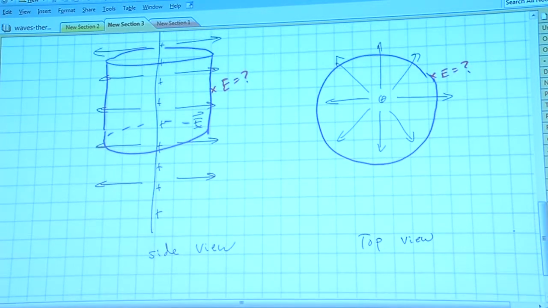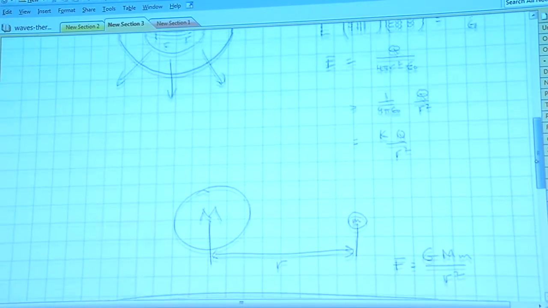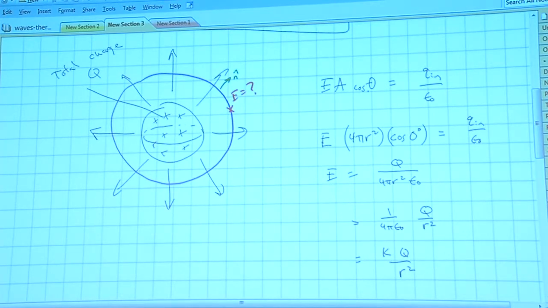And why did I choose this shape? I'll show you in a second. But what we have to do is sum up this EA cosine theta for every part of our Gaussian surface.